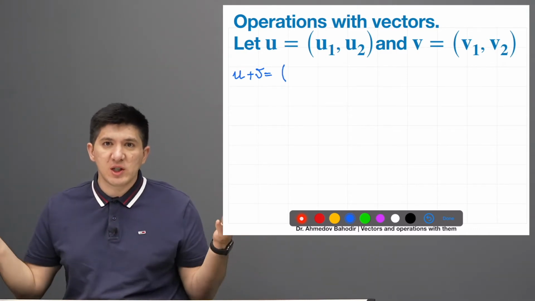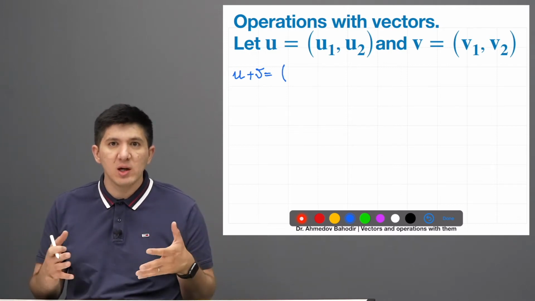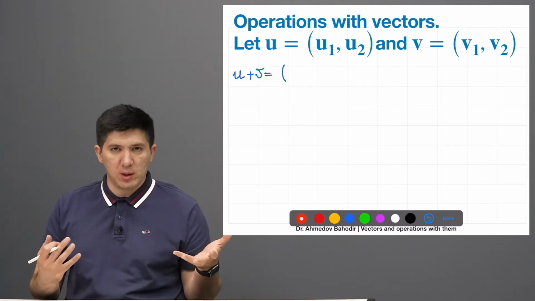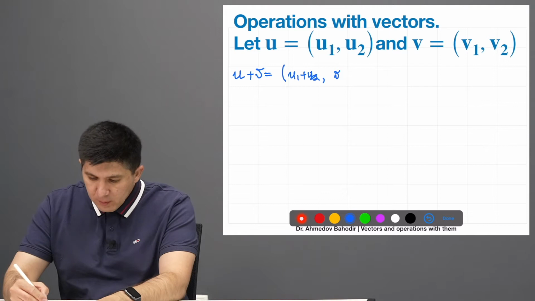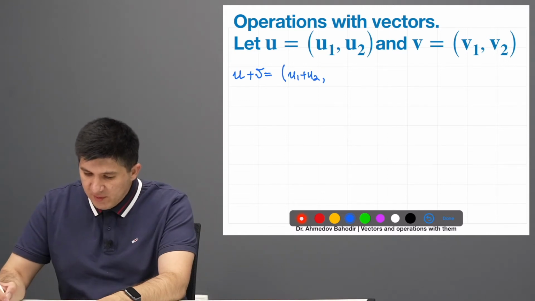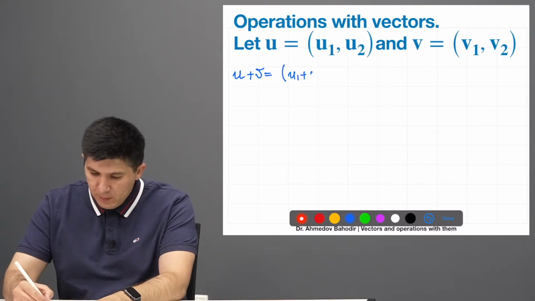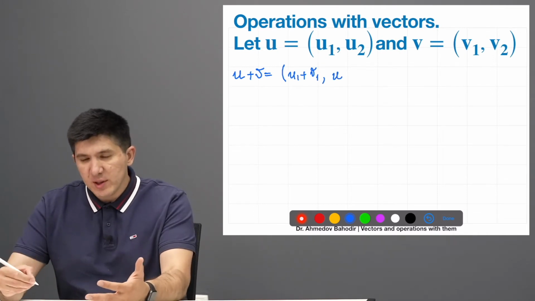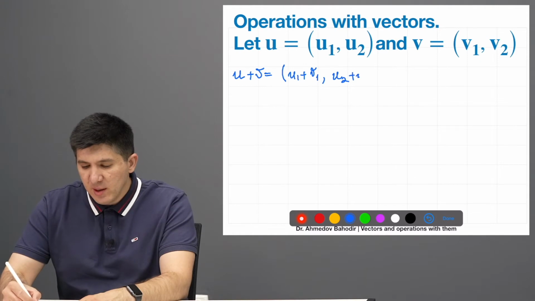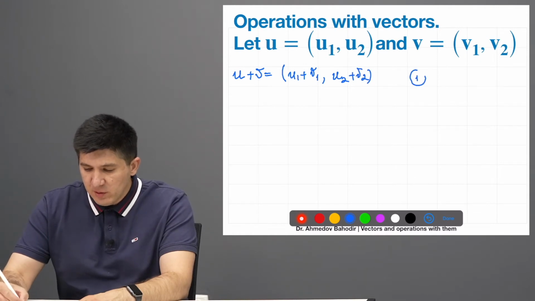You can't change the dimensionality of the vectors by just adding or subtracting them. So the first component is u1 plus v1, and the second component of the resulting vector is going to be u2 plus v2. This is the first operation.